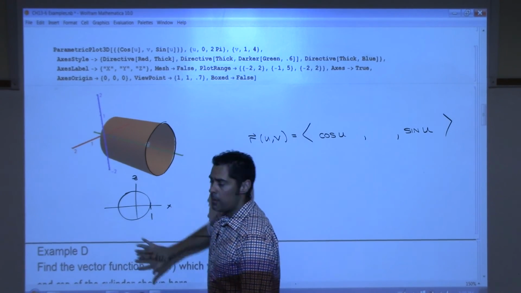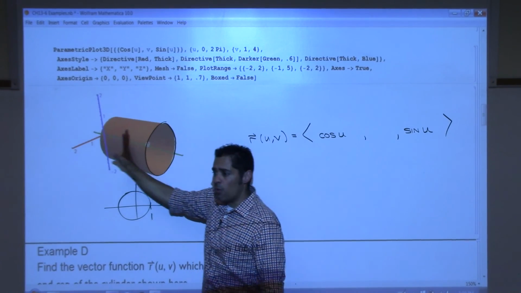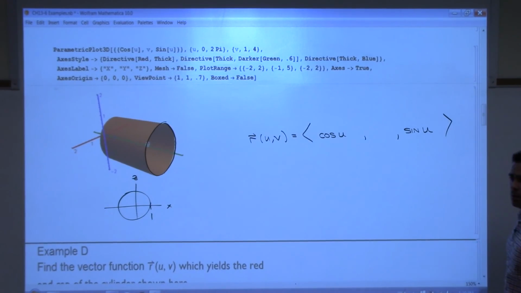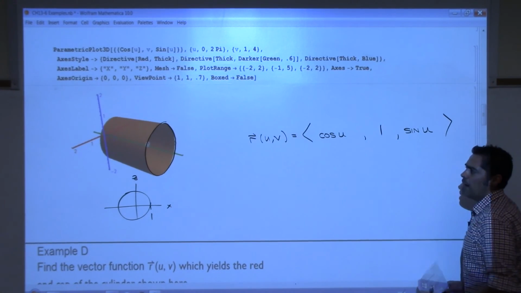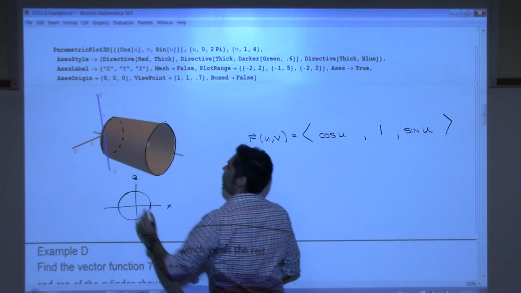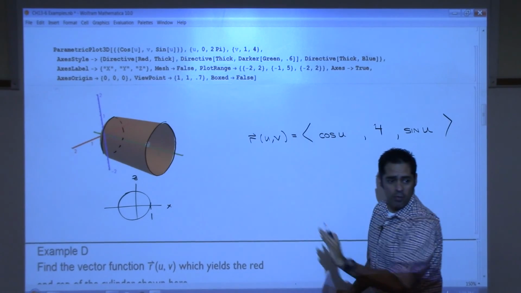Yeah? Then I just need to take that circle and move it back and forth, changing the y coordinate between where? 1 and 4, right? So if I just put 1 here, that would draw me this back edge, wouldn't it? If I put a 4 here, it would draw me this front edge. But I want everything in between.